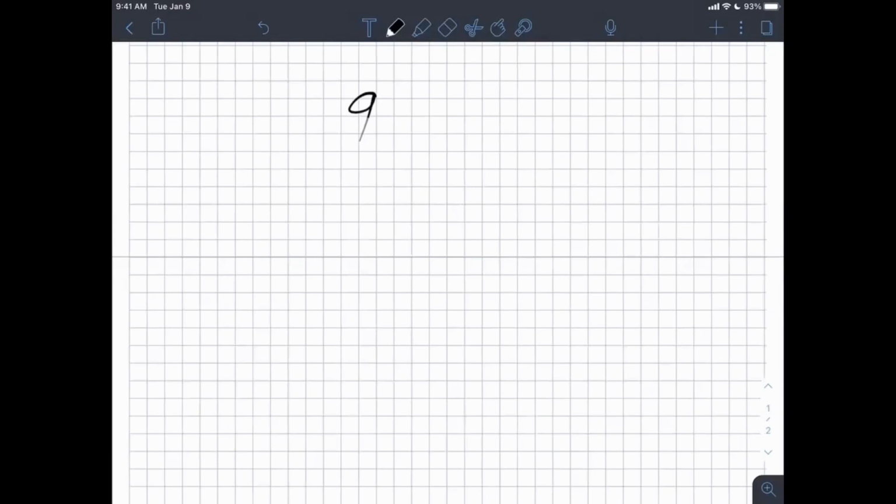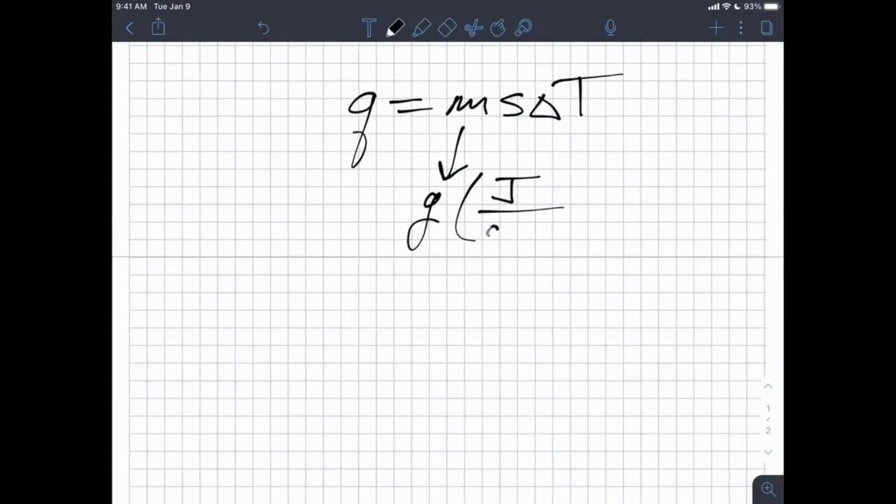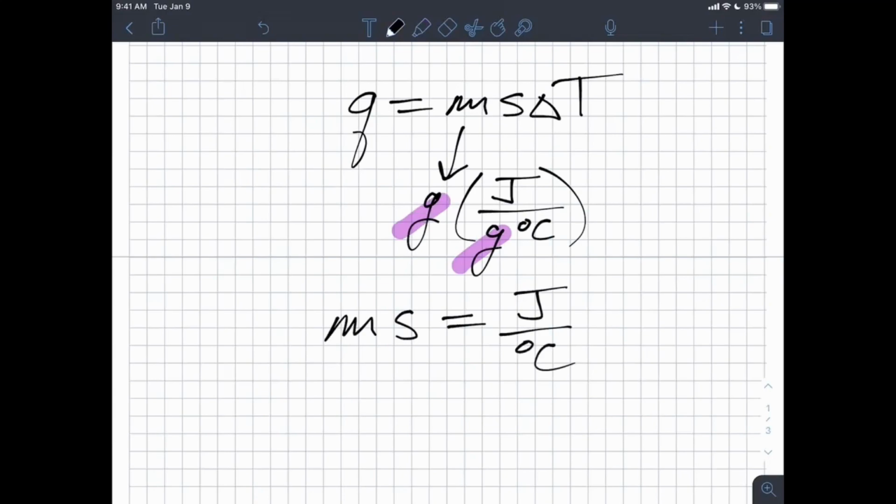Remember, we said Q was equal to M times S times delta T. If we do a quick unit analysis, we know that M is in grams and S is in joules per gram degree C. So grams would cancel grams, and we would be left with M times S in joules per degree C. And what that's called is the heat capacity.